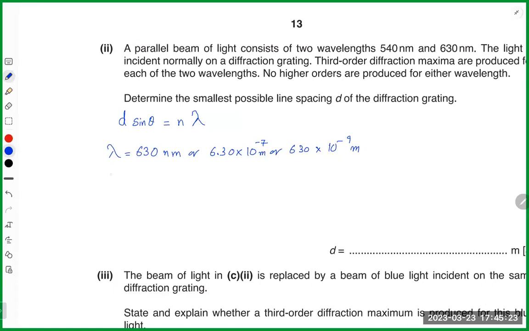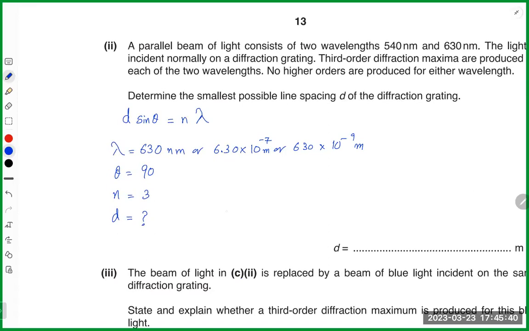Now, theta in this case will be 90. n equals 3. Let's find out d. So d will be equal to 3 into 6.3 into 10 to the power minus 7 divided by sin 90.